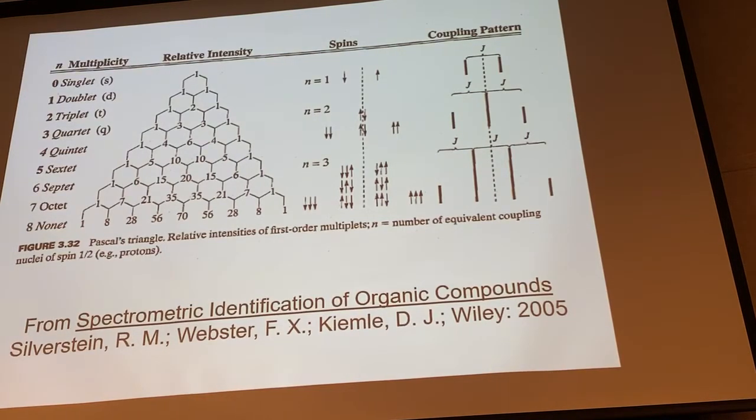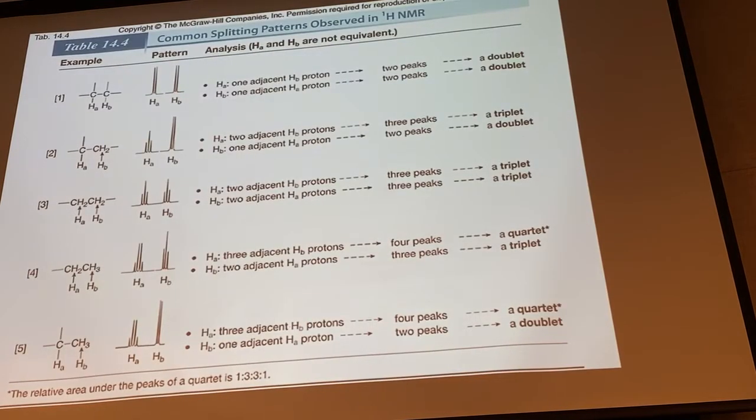All right, so we have here a table in the book that shows us common splitting patterns that we would see in the proton NMR. And it's important to note that HA and HB have to be non-equivalent to each other in order to be splitting each other.